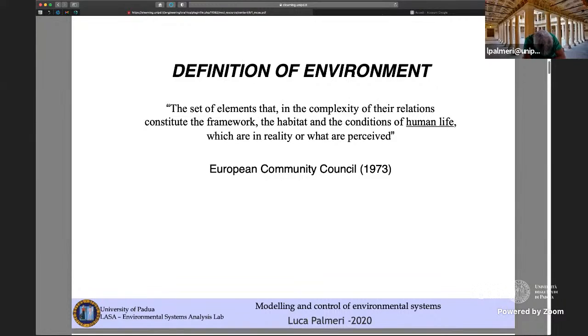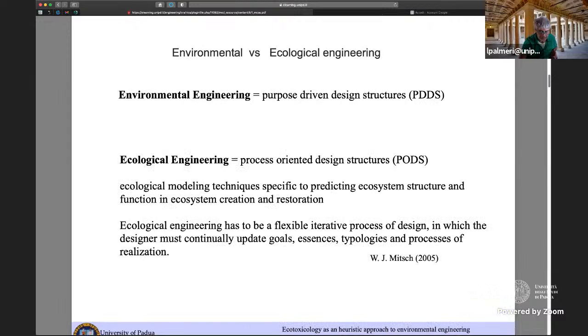So you see that we are trying to make operative, practical, the definition of something, but it is in principle very difficult to define as a general term, because being a human perspective, different humans may have different perceptions of environmental conditions. So this is something that the environmental engineer has always to keep in mind.